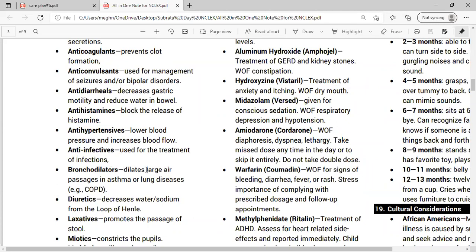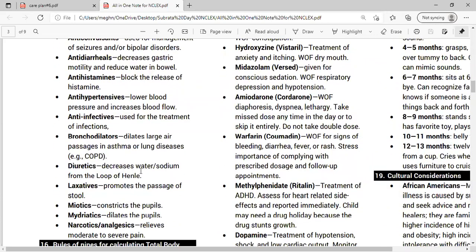Bronchodilators dilate the large air passages in asthma or lung disease, in case of COPD. Diuretics decrease water and sodium at the loop of Henle. So diuretics we use as an antihypertensive or if the patient has edema.